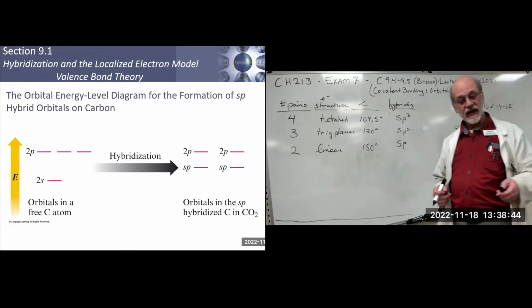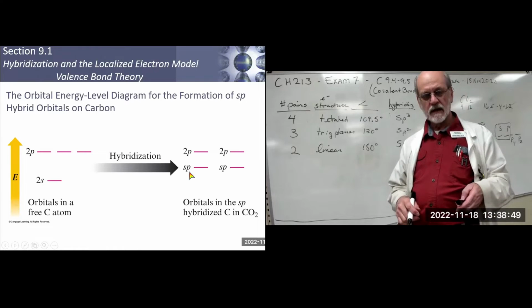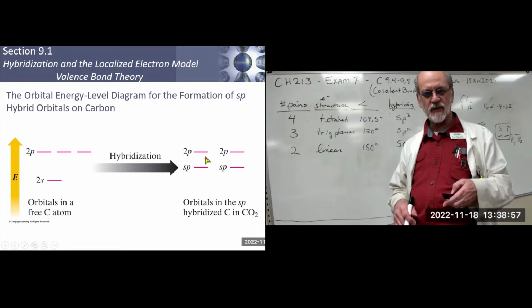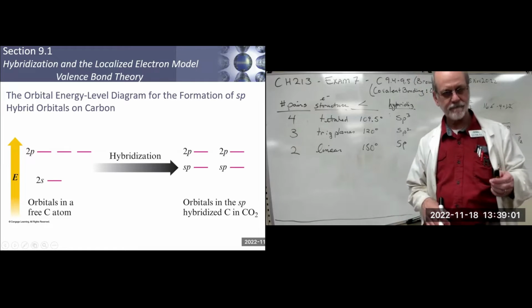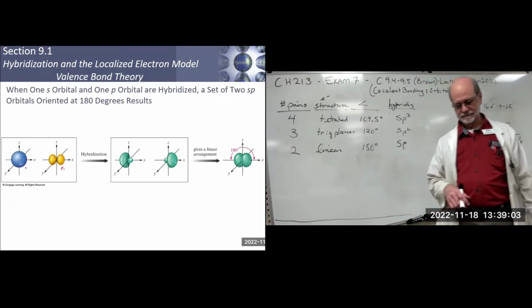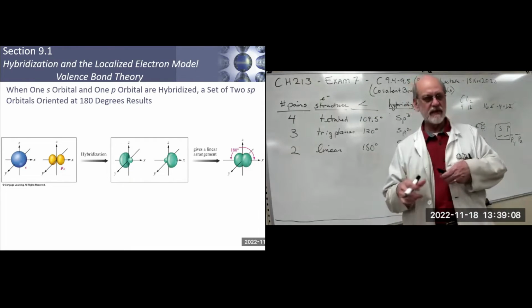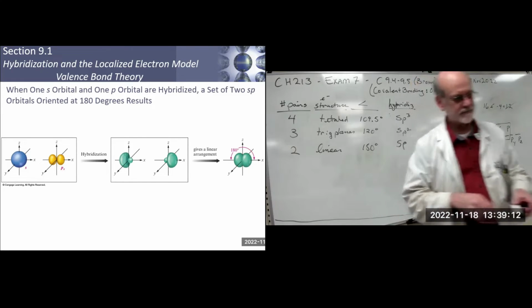Now you see that the hybrid orbitals are even lower in energy than the sp2s, but we still have these unused p orbitals at the same energy level as their parents. And that's what the quantum equations tell us the orbitals look like.